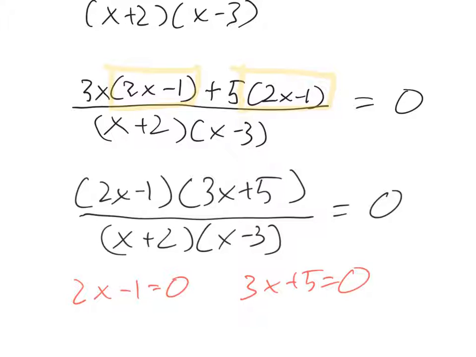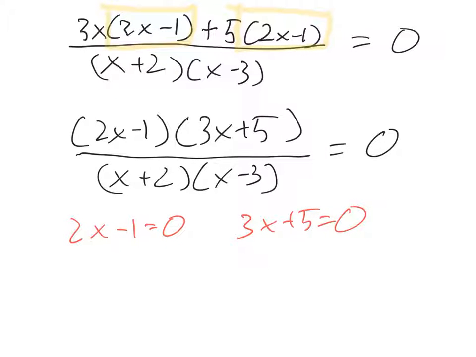So we only need one of them to be equal to 0. So that's what we're going to do now, is find out when those are the case. So we're going to go ahead and just solve these last little equations here.